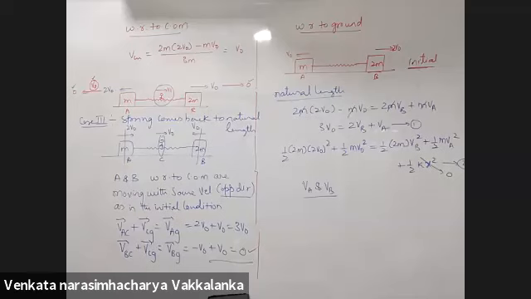Done, sir. Here VA, VB, are you getting these two values? Yes, sir. These two and the initial one. Right. Perfect.